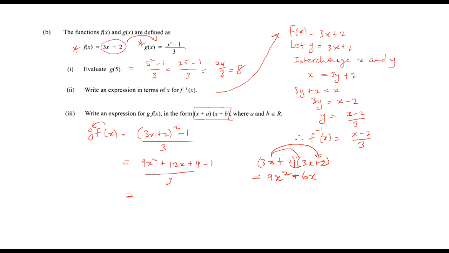Then we take this by this and this by this, so it's plus 6x plus 4. And that is how I got 9x squared plus 12x plus 4.